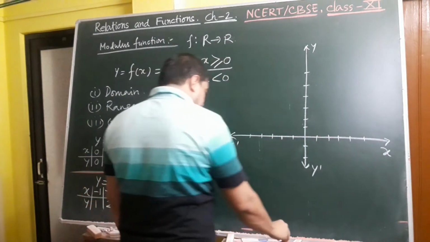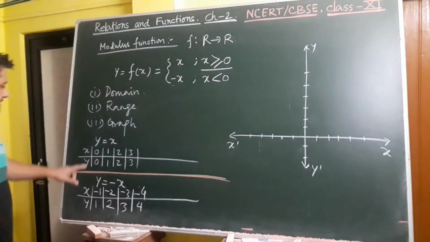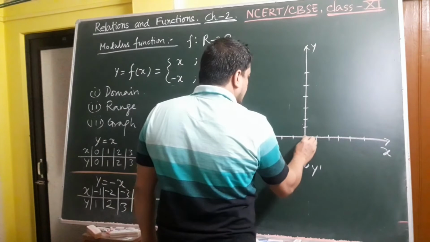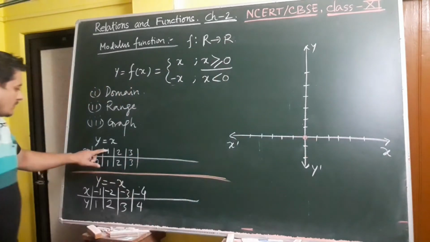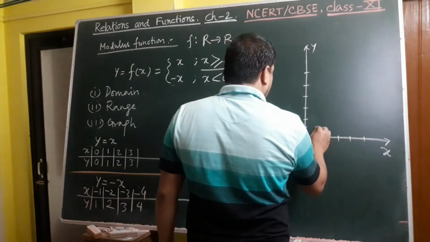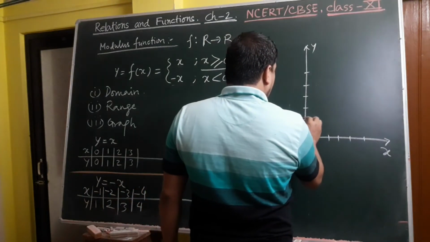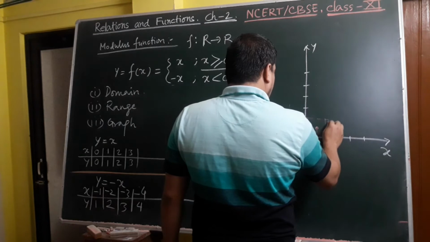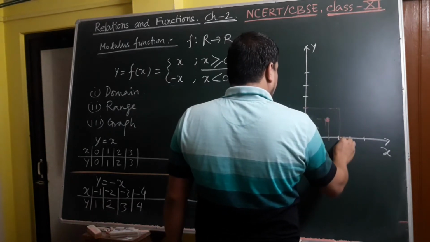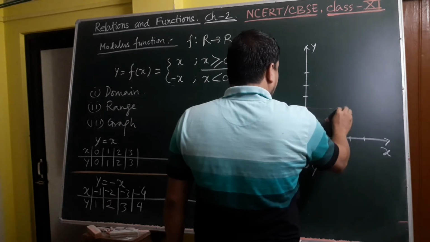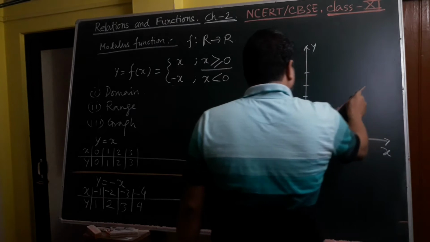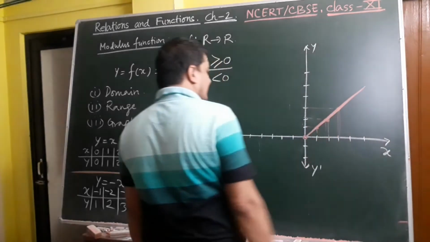So the first point is 0, 0. Then 1, 1, then 2, 2, then 3, 3, and you connect these.